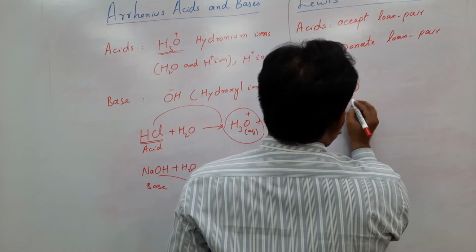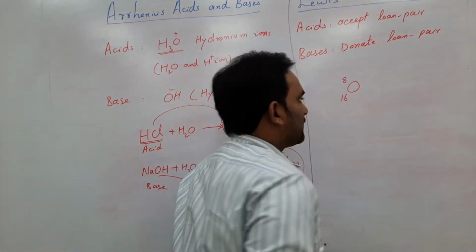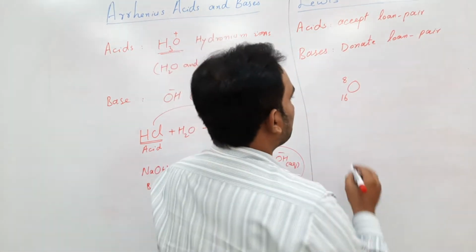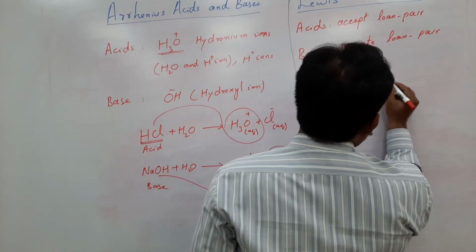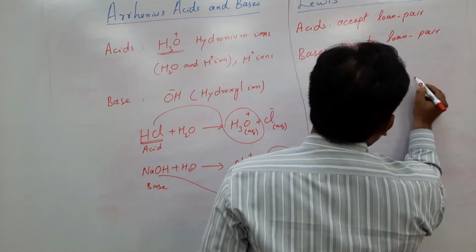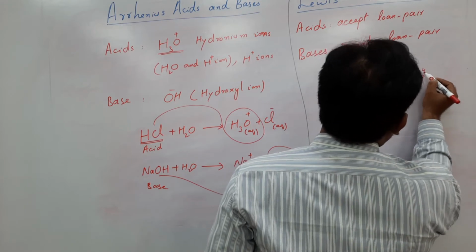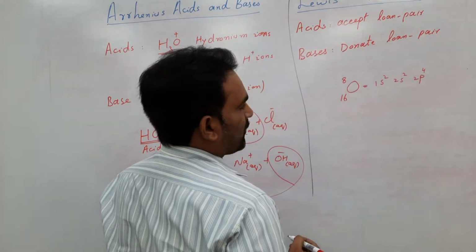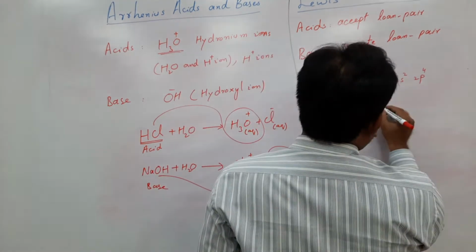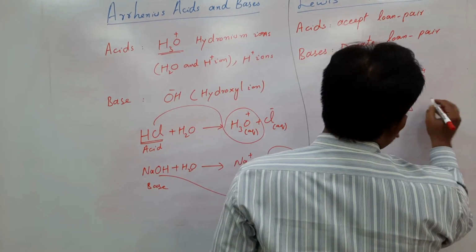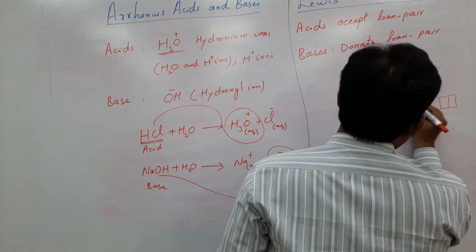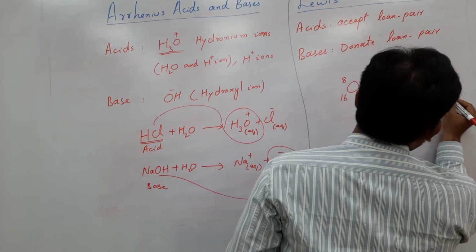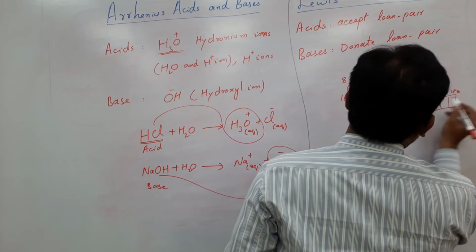8 electrons and its mass number is 16. When you write its electronic configuration it will be 1s2, 2s2, 2p4. You can write it like this: 1s, 2s, 2px, 2py, 2pz.